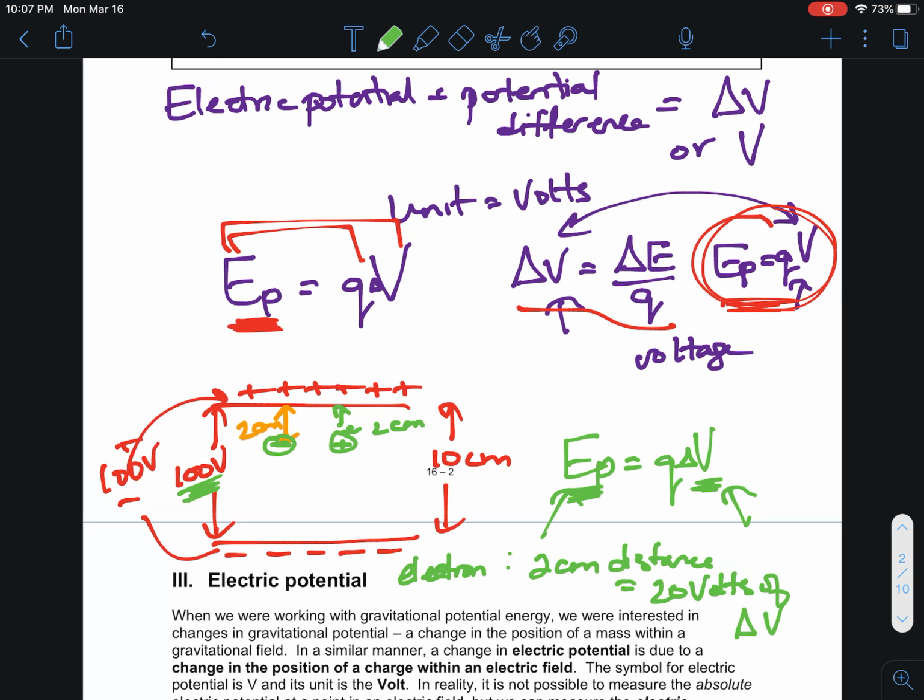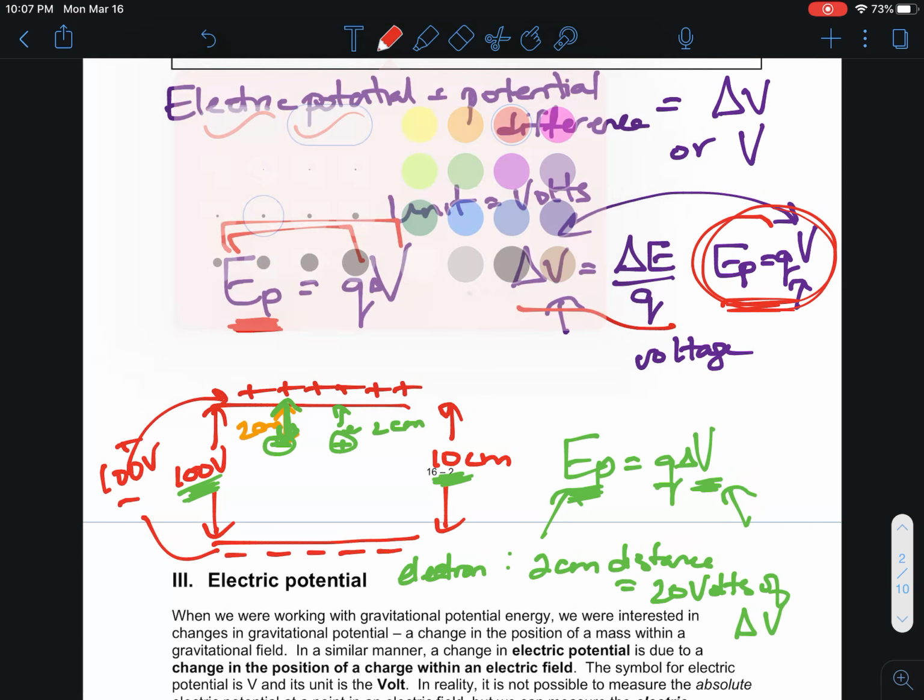So 100 volts of potential is equivalent to 10 centimeters of distance. So every centimeter then would be 10 volts of potential. As this electron moves through 2 centimeters of distance, it will move through 20 volts of potential. And so we've got 20 volts, and the charge again is the charge on the electron. That's the same as it always is.